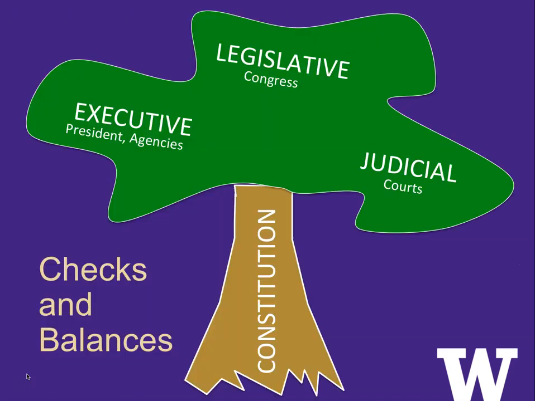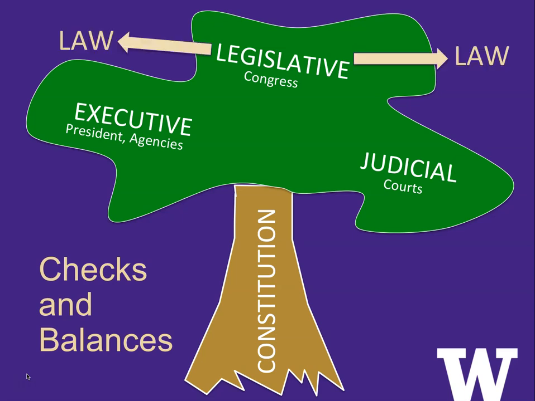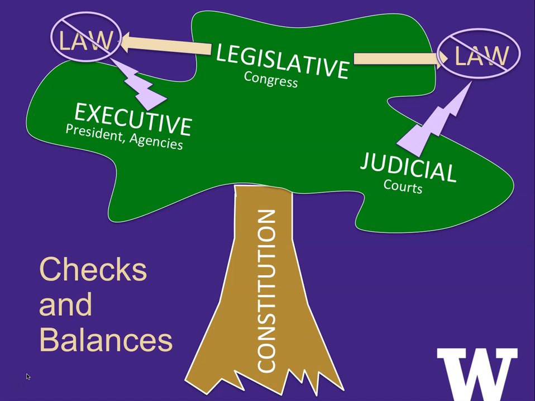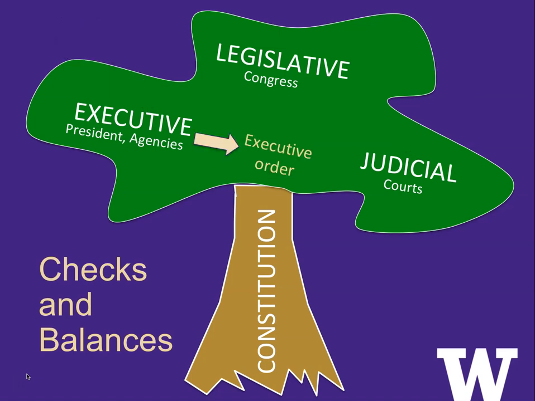The powers of each branch are structured in such a way so that they have the ability to check the other two in order to ensure that no one branch becomes too powerful. For example, while Congress has the ability to enact laws, the president can veto those laws and the courts can declare them unconstitutional. In addition, the president has the ability to issue executive orders, but the courts can declare those orders unconstitutional.